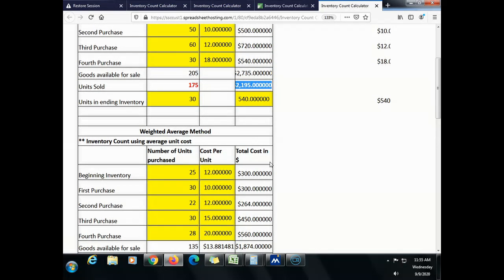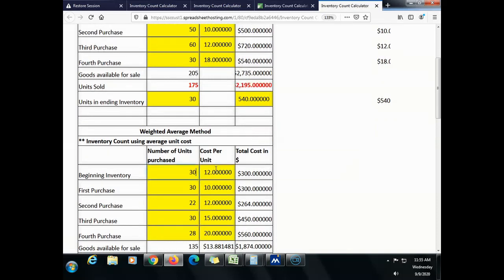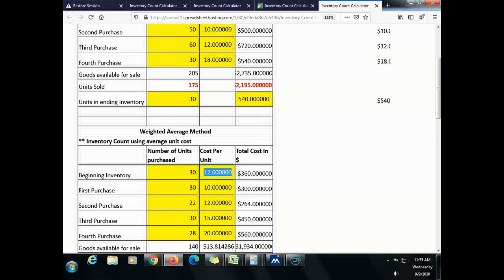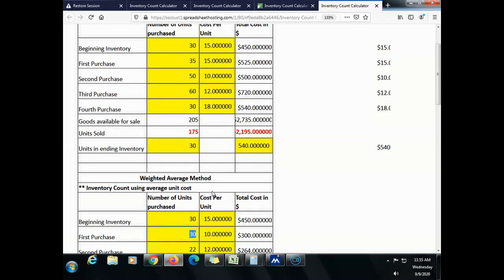Once again, you will need your beginning inventory. Let's say you've got 30 units at $15 per unit. On your first invoice, let's say you've got 35 units, again at $15 a unit.